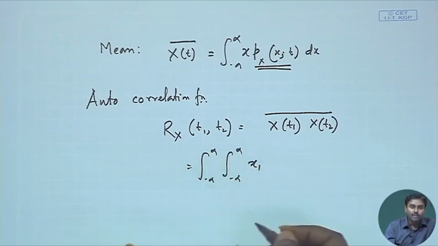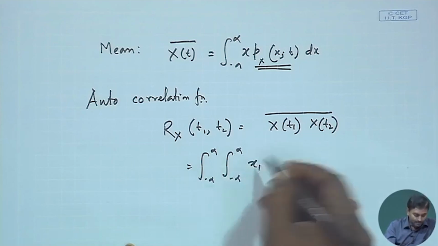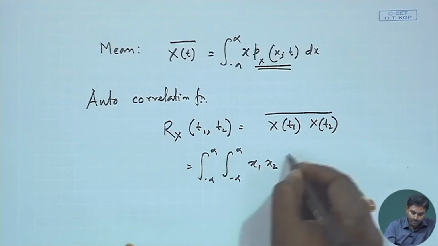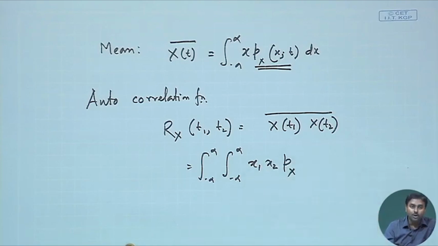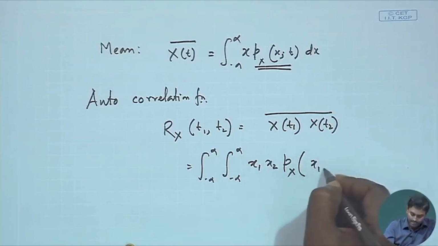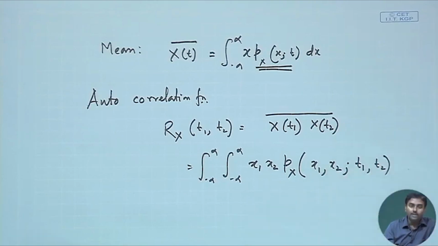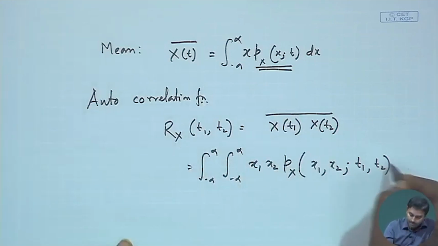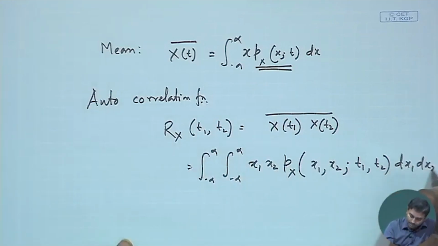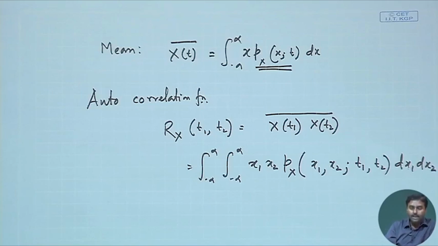Suppose I pick value x1 at T1 and x2 at T2, and then I need the joint distribution of x1, x2 at T1 and T2, with dx1, dx2. This is all that I will have to do.